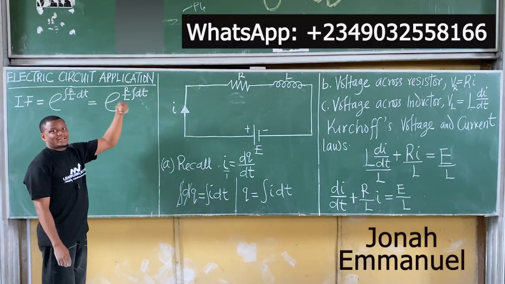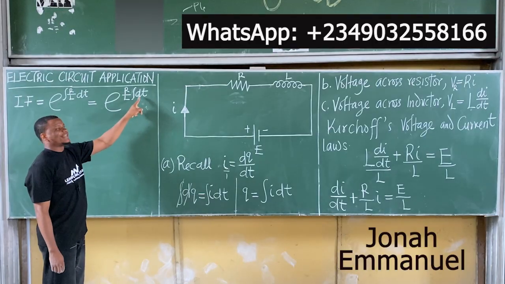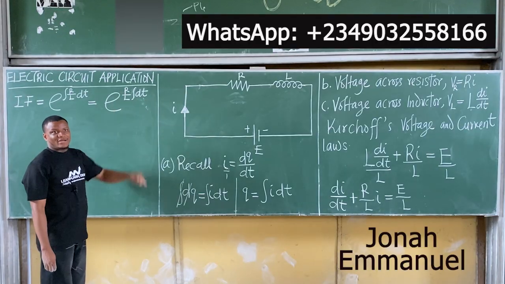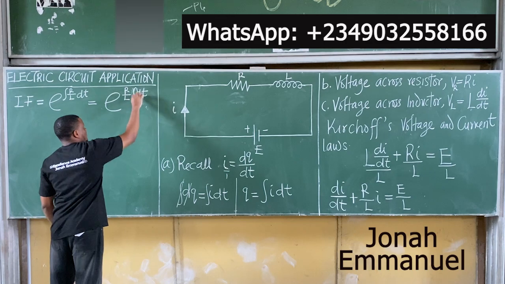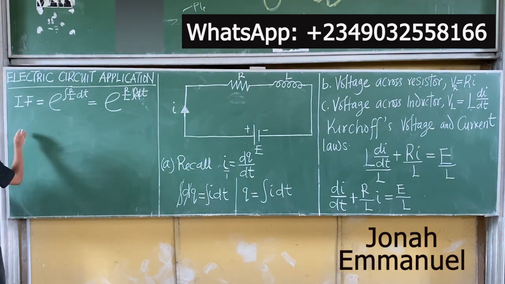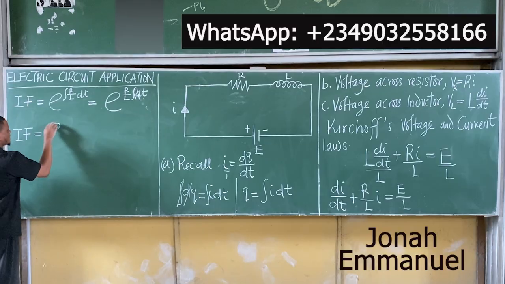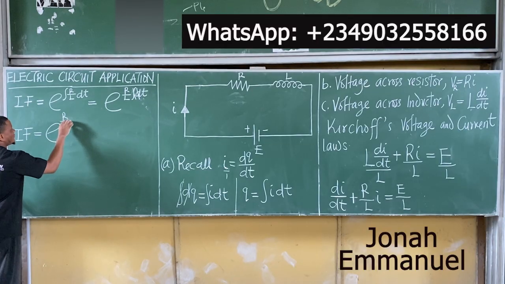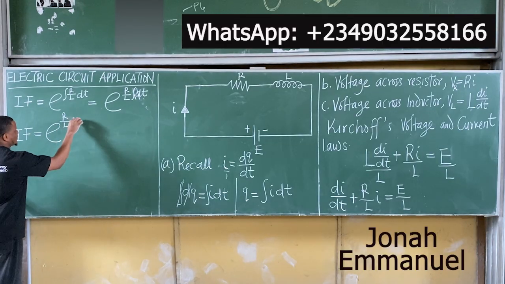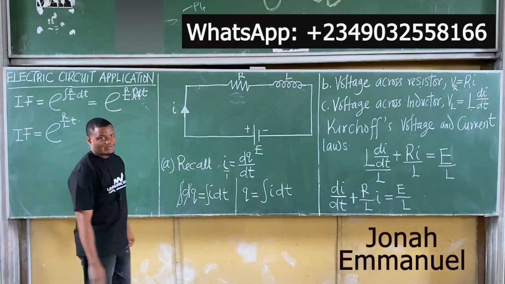We've said this countless times. Integral and d, what happens there? They cancel out. I have that the integrating factor IF is equal to exponential R over L times what there? T. This is my integrating factor.